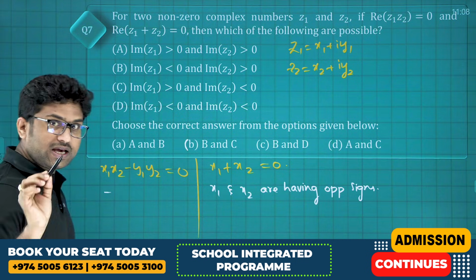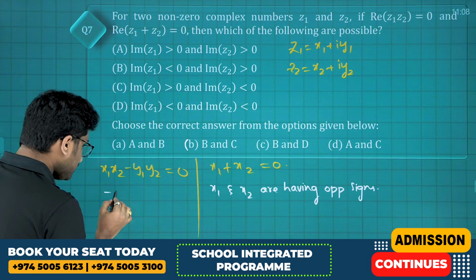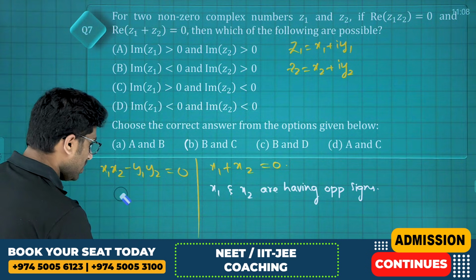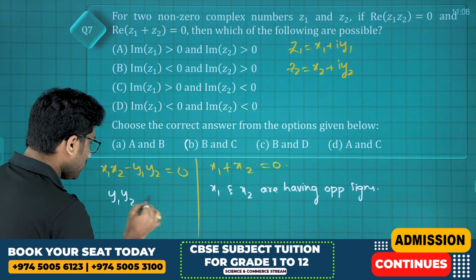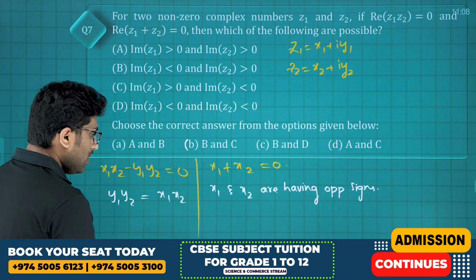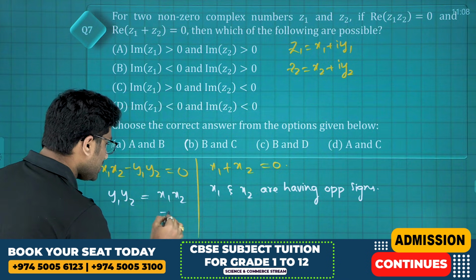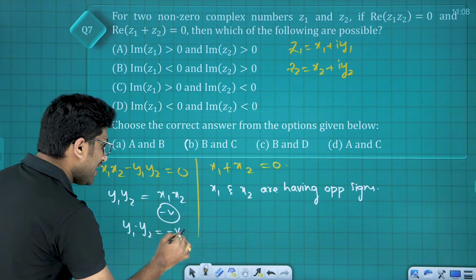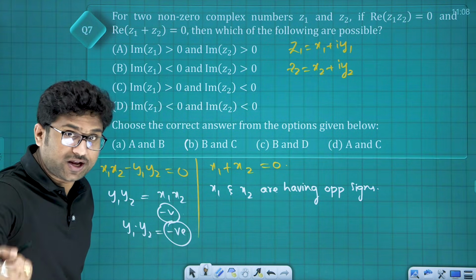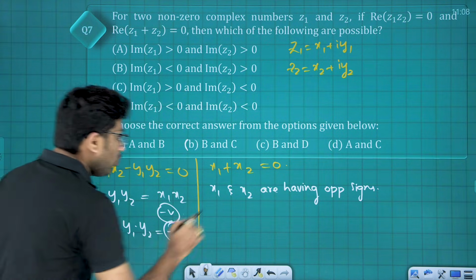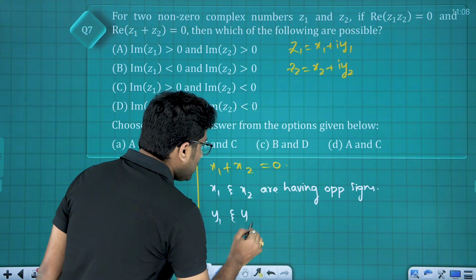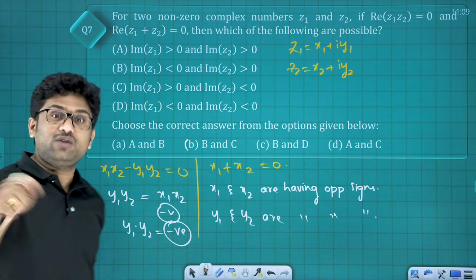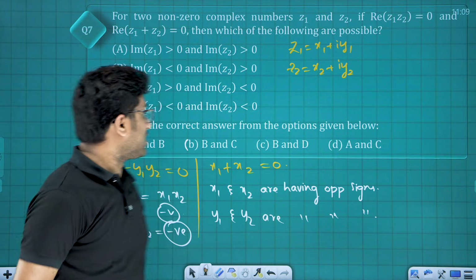Clear? From here we can say y1 into y2 is equal to x1 into x2. But we got x1 into x2 is negative. So y1 into y2 is also negative. That means y1 and y2 also have opposite signs.